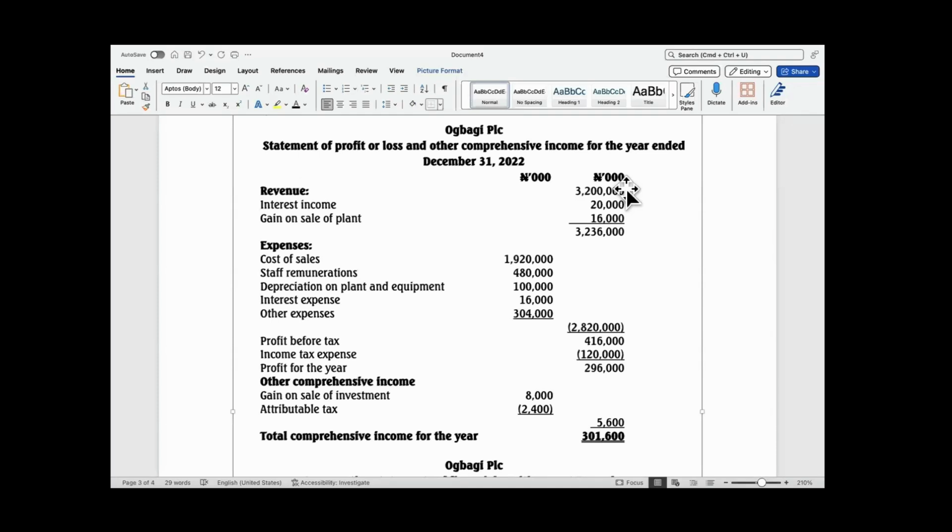What we need is that out of this 3.2 million, how much of it is cash? How much did we receive in cash? And how do you know that? The only way to know that is to check if there is anybody that is owing us. And the only way to know that is through our receivables.